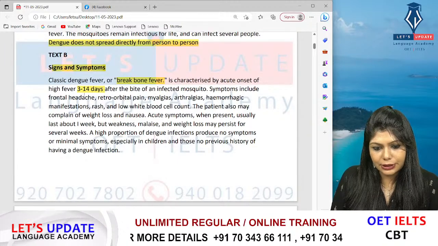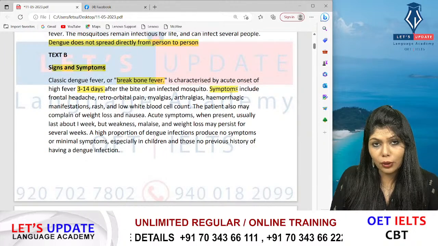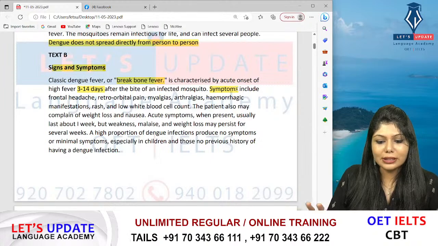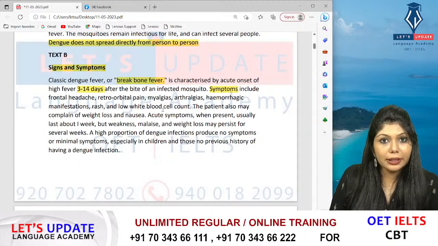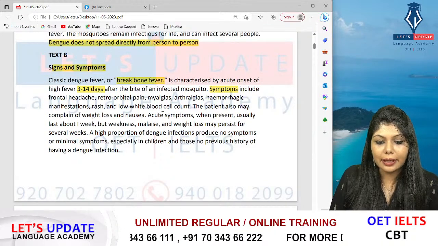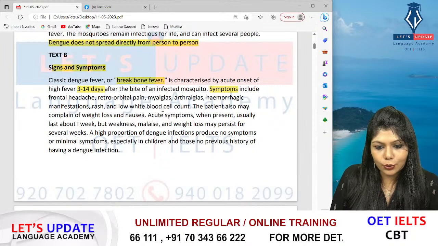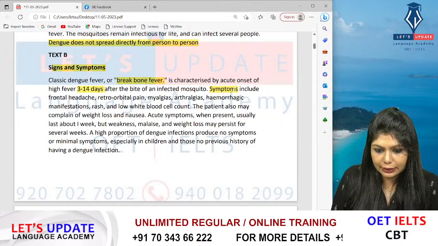And symptoms, so what are the symptoms? You don't have to underline or highlight all the symptoms because that will create a lot of confusion, as that would mean essentially underlining everything over there. So I'll just highlight this word symptoms so that we'll know where that information is.